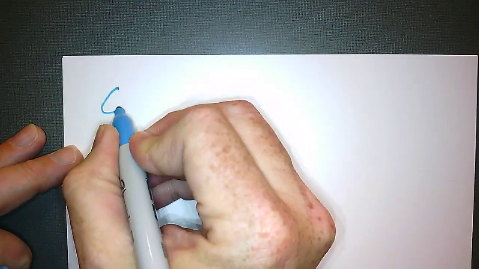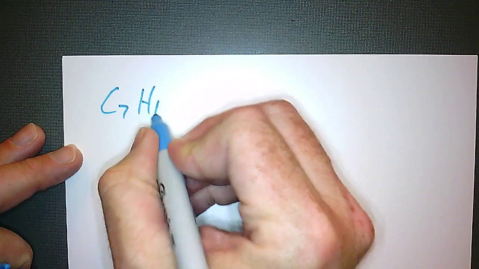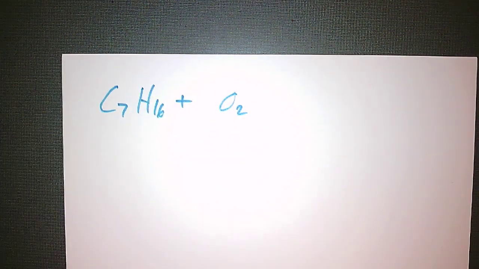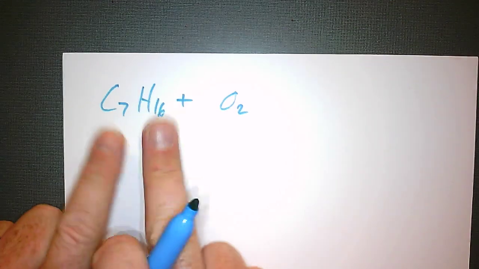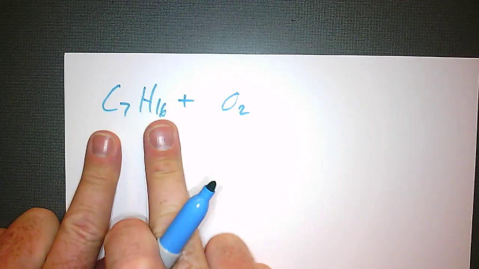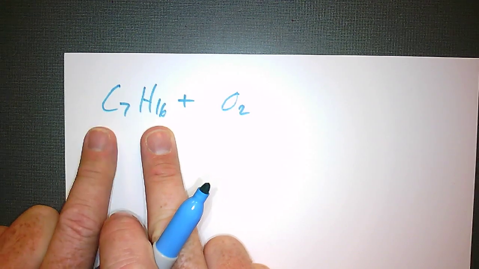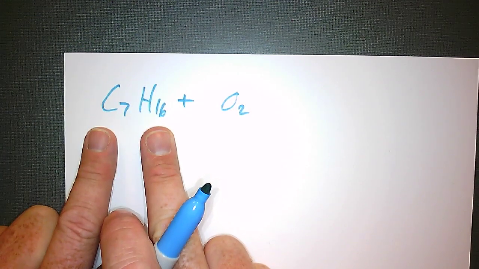Okay, so C7H16, right? Plus O2. So we need to recognize anytime we have a hydrocarbon, and again, it's normally written with the carbon first, but we call it hydrocarbon. I don't know why.